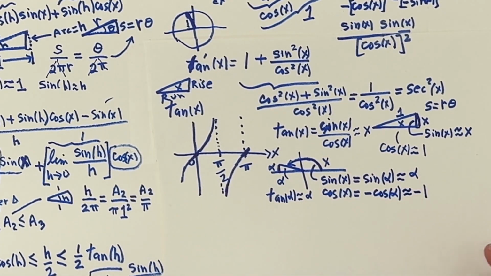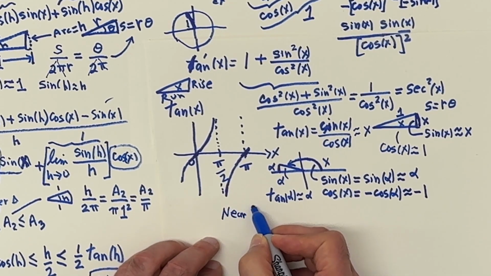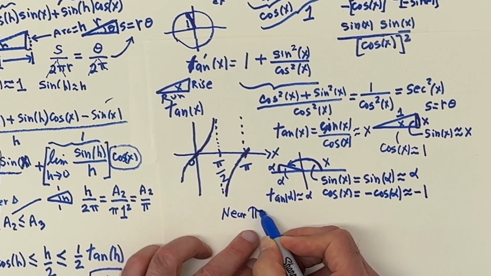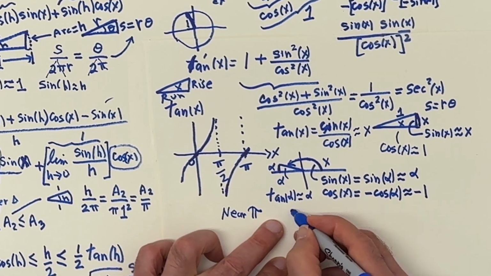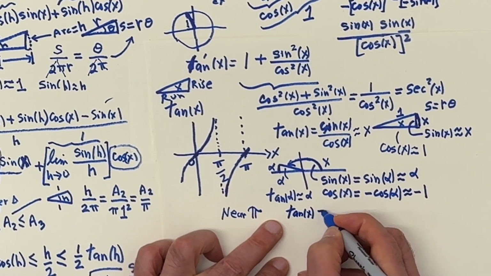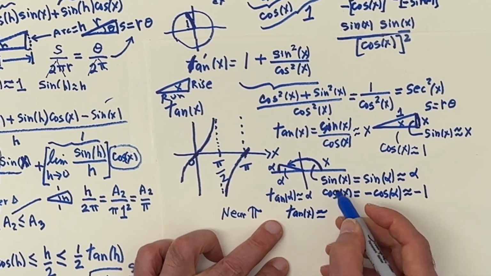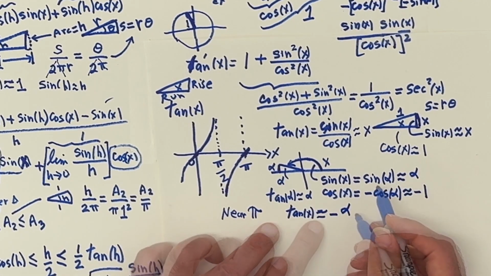All right. Now that we have that done, let's look at what happens when we're near pi. When we're near pi, the tangent of x is going to be the sine of x over the cosine, so it's going to be negative alpha.